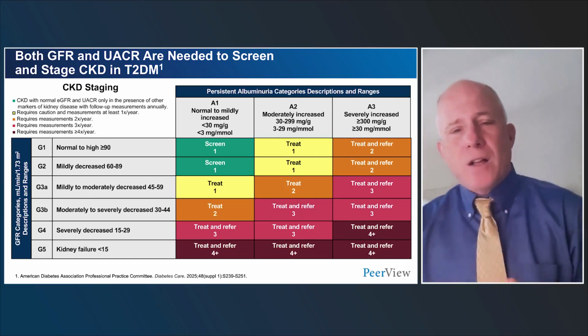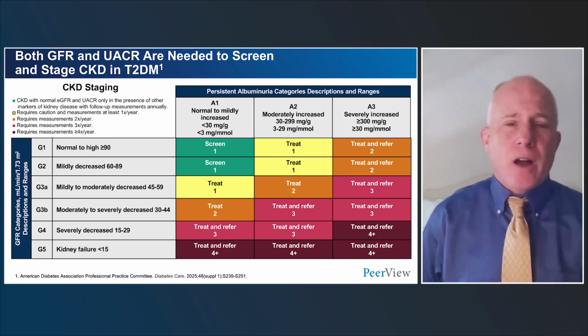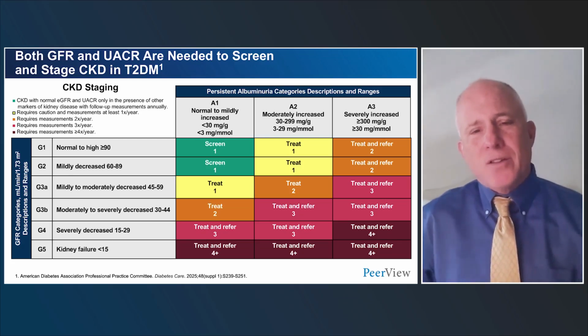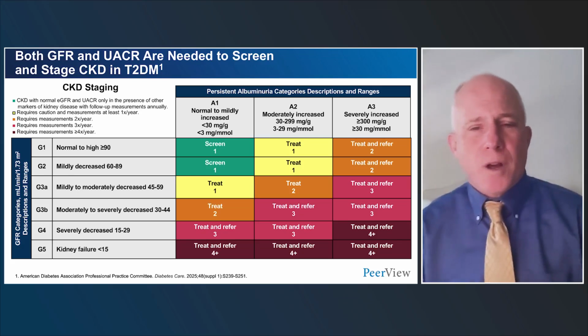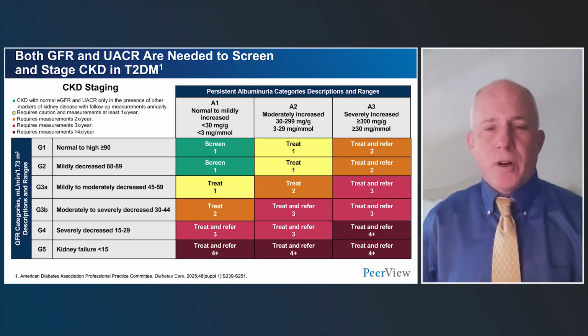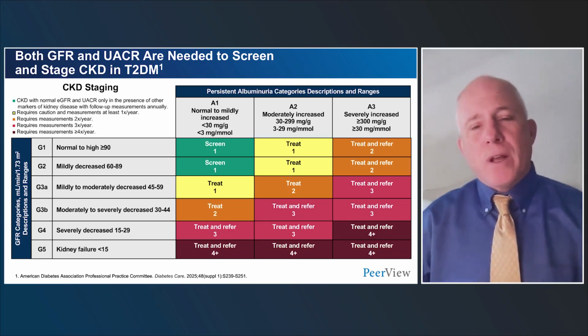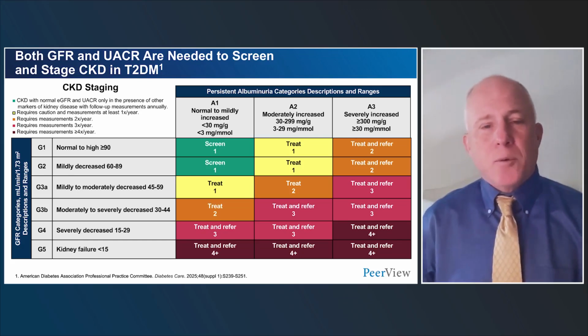If we go across the columns, we have A1, which means there's normal to mildly increased urine microalbumin. It's less than 30 milligrams per gram, which is most commonly used in the US. When you look at A2, what we used to call albuminuria, you have moderately increased albumin, so 30 to 299 milligrams per gram in the urine.